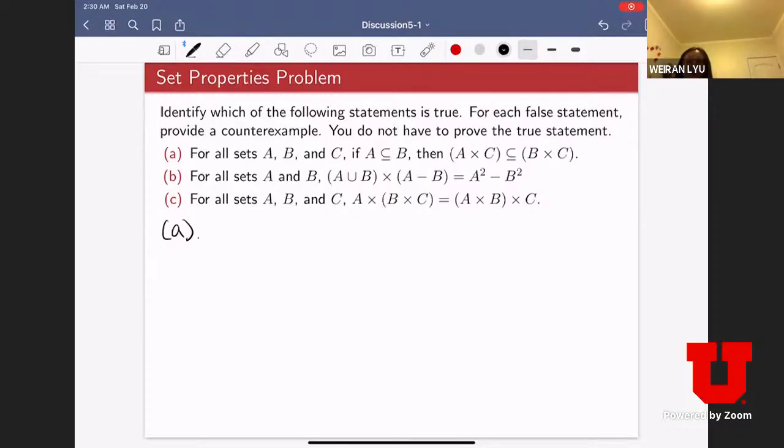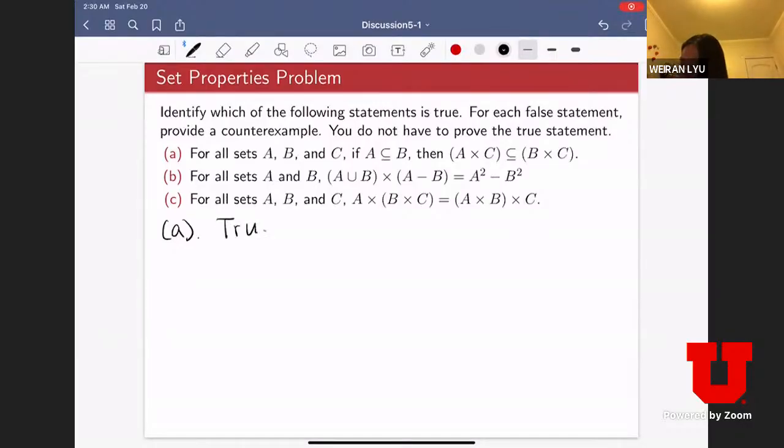All right, so is part A true or false? If A is a subset of B, then A cross C is also a subset of B cross C, no matter what set C is. So this one actually is true.